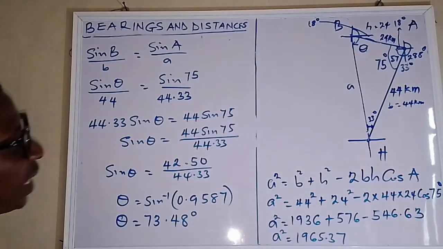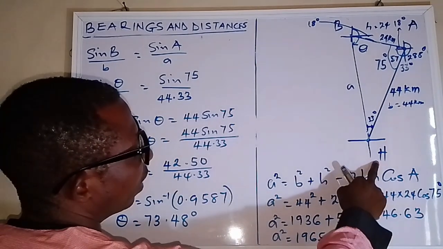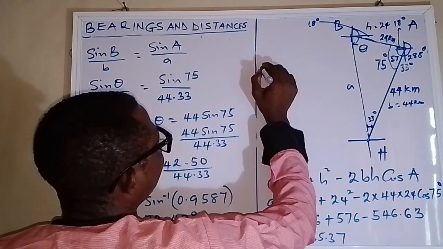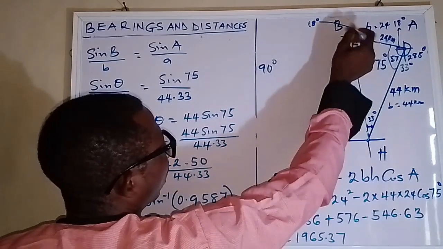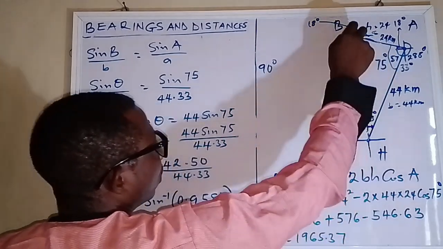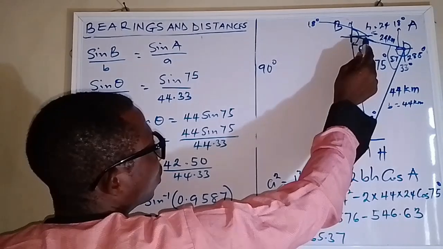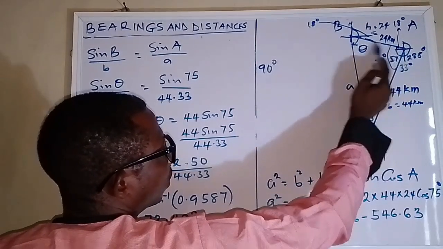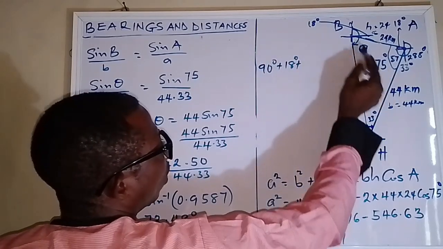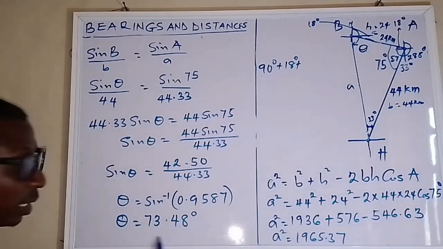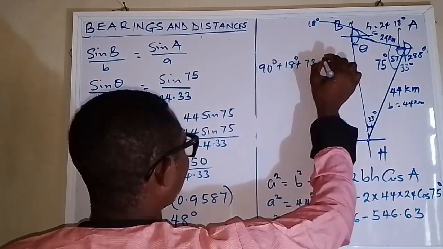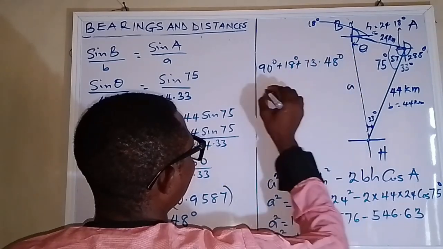So now to get the bearing of H from B, it's going to be 90. This angle here from the north to east, that's 90. You know, this is the bearing. Okay, plus this small angle, which is alternate to this, that's plus 18 degrees, plus this angle we just got here, that's 73.48 degrees.